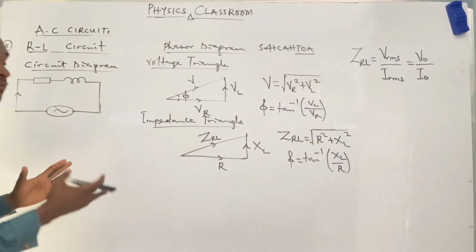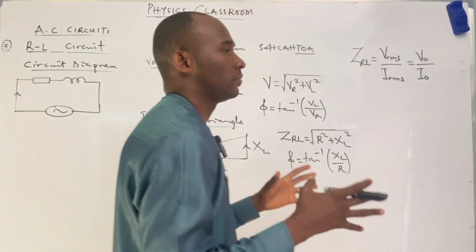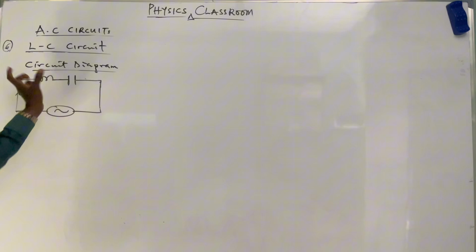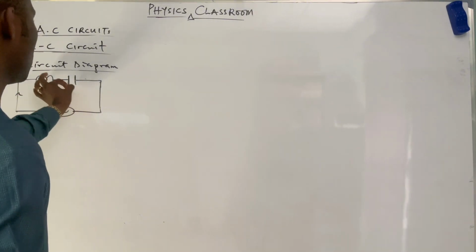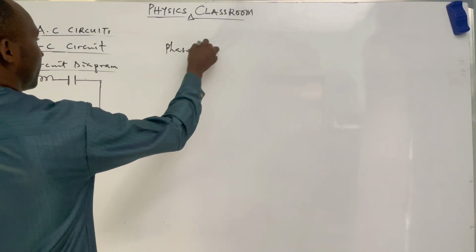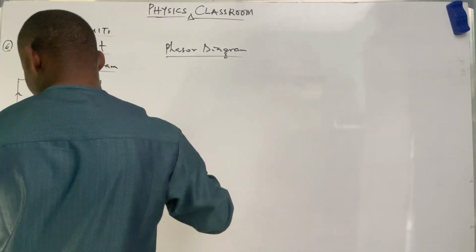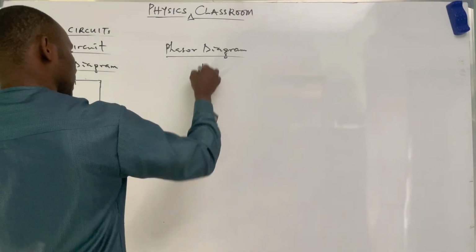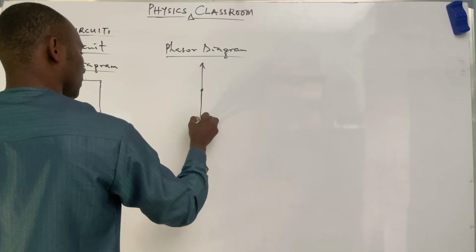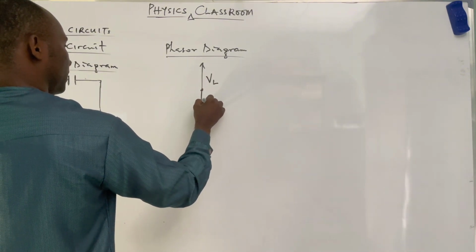That's the combination of L and C, the inductor and capacitor AC circuit. So here is the circuit diagram for the LC circuit. Now, the phasor diagram is very simple. It's just like this. Here we have the VL, and here we have the VC.